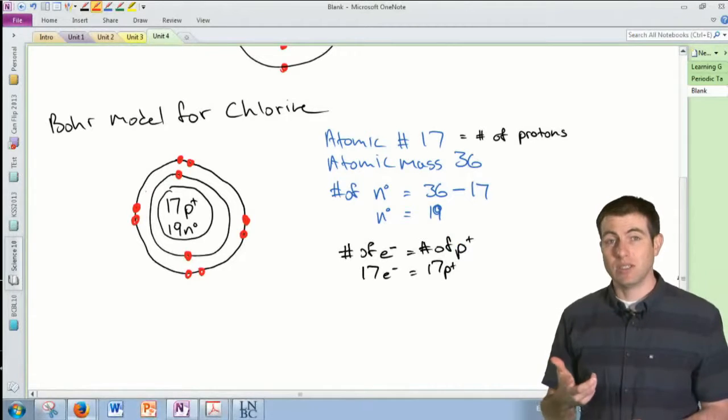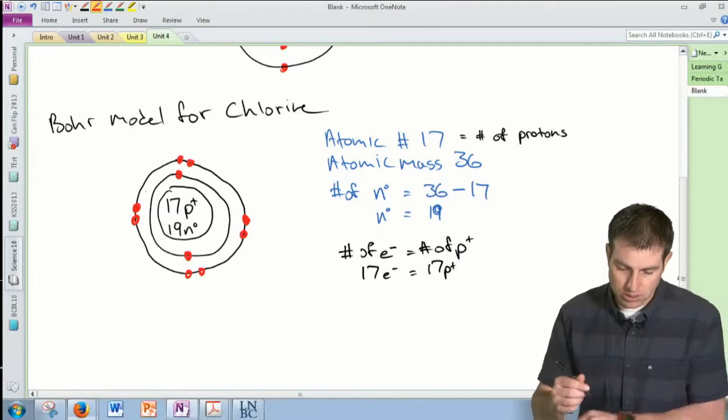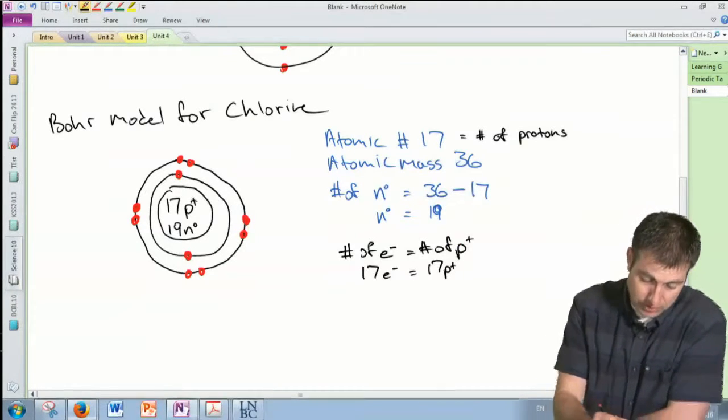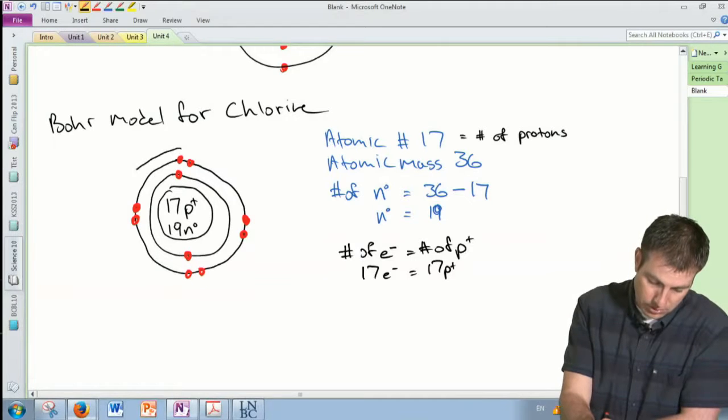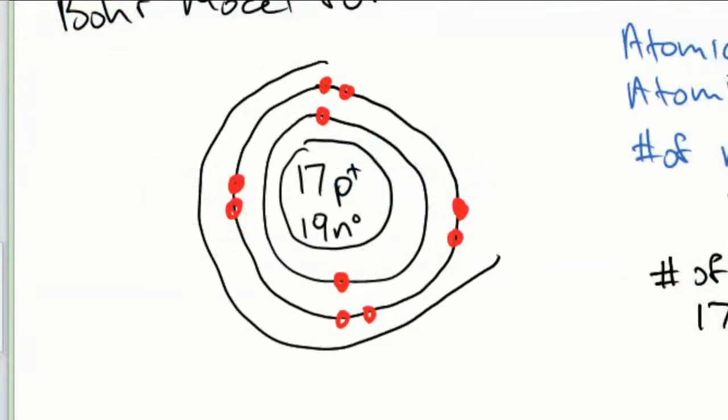We've accounted for 10 of them, so we still need to draw one more shell. That shell's now full. So let's go to the next shell. Ooh, that was not a good circle. That's okay. The next shell, I have 10 so far, so there's 11, there's 12, 13, 14, 15, 16, 17.